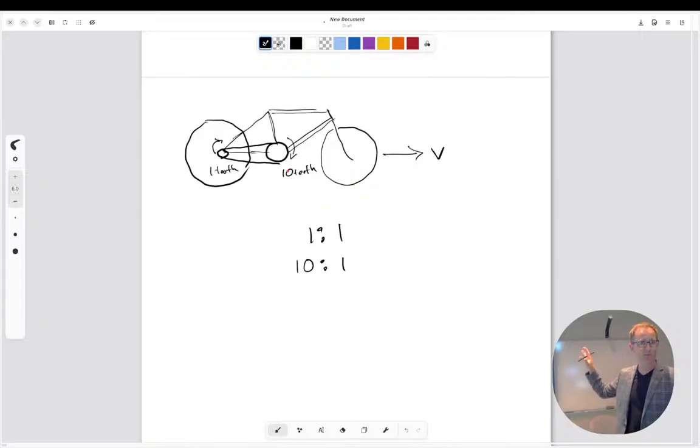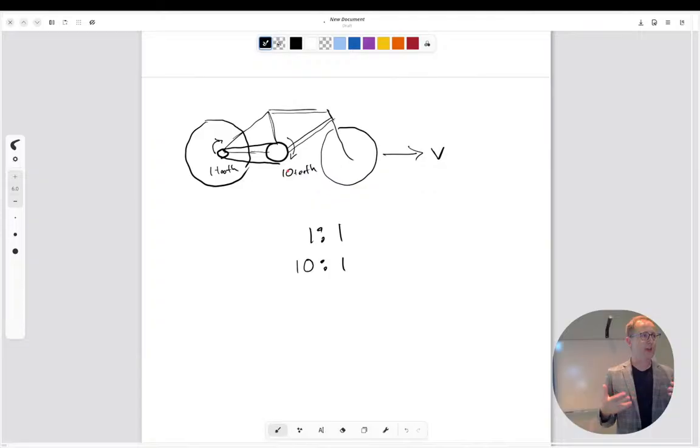So what we're saying here is that for a normal person pedaling at a normal speed, you will move much faster with a 10 to 1 gear ratio. A normal person pedaling at a normal speed at 1 to 1 is moving very slowly. That's like hill climbing, a 1 to 1.